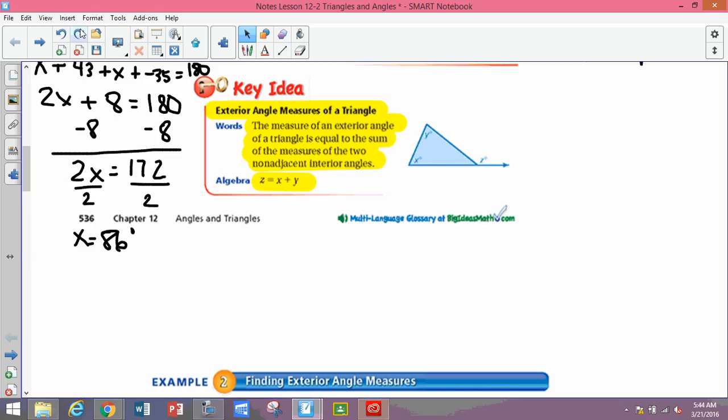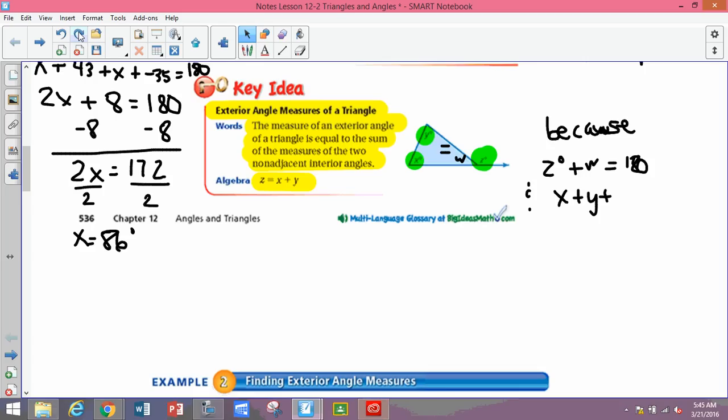Now, you might ask why, and of course I'm going to tell you why that works the way that it works. It works because z plus, we'll call it w, the missing angle measure there, equals 180 because they are supplementary angles. And x plus y plus w, all three angles inside the triangle, equal 180.